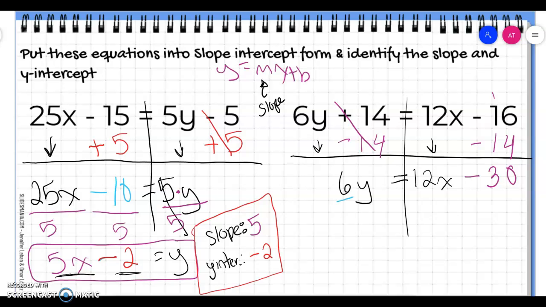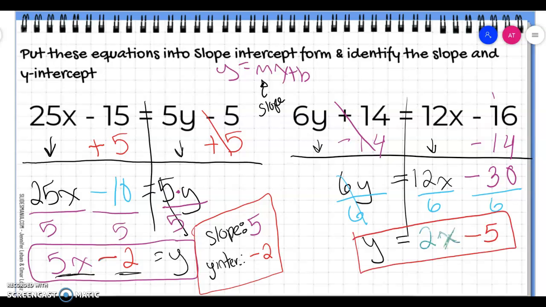Last part, get y by itself by dividing by 6 to everything inside. These will cancel. I'm left with y equals 12 divided by 6 is a 2. And don't forget the x to bring down with it. A negative divided by a positive is a negative. 30 divided by 6 is 5.